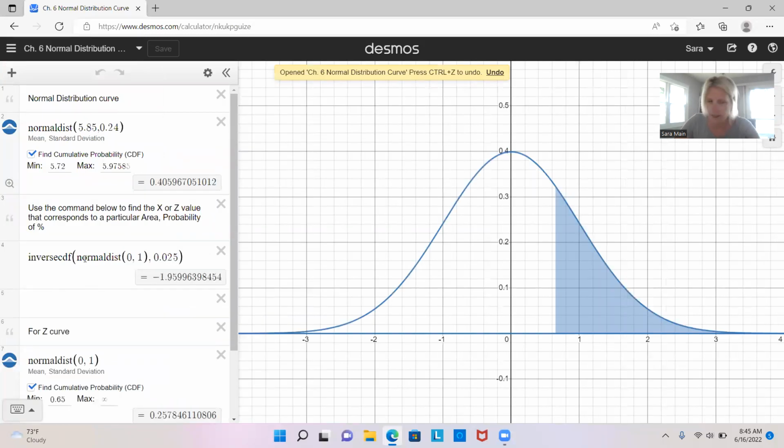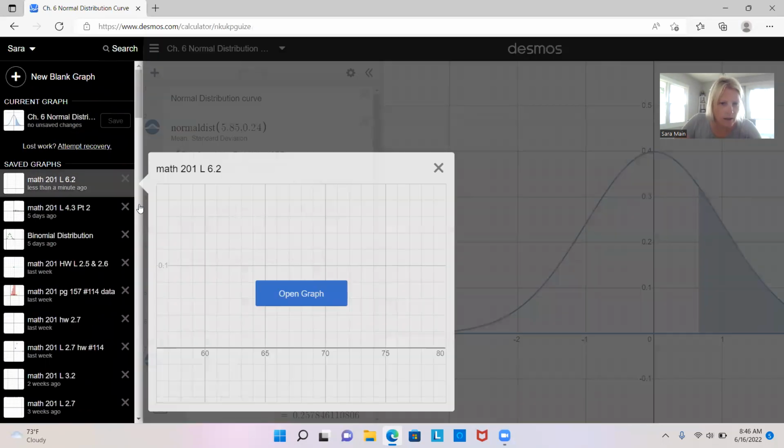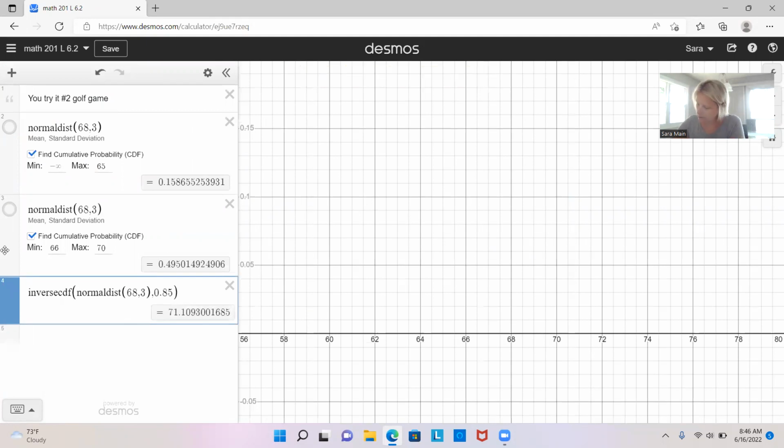Oh, inverse CDF. That's what I didn't do. Inverse CDF. There we go. So make sure, I'll correct that for you. It has it, I just didn't write it.